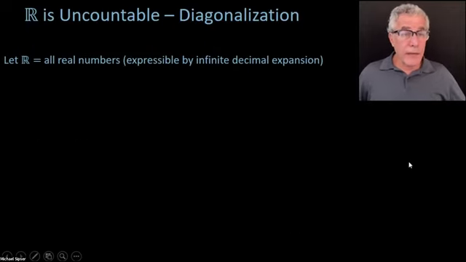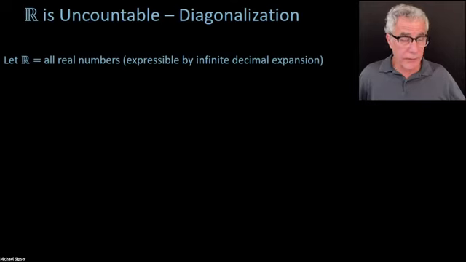Okay, so the example of a set that we will show is not countable, an uncountable set as we call it, is the set of real numbers, which we all know what these are, I hope. These are all of the numbers that you can express by possibly infinite decimal representations, like pi or e, the square root of 2, or any of the other familiar ones.